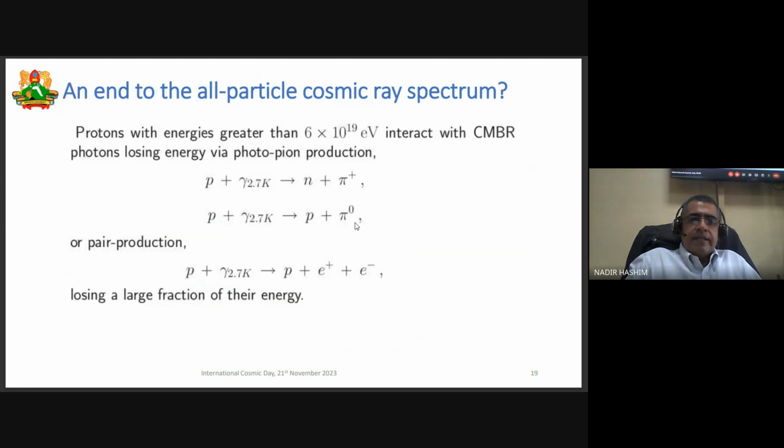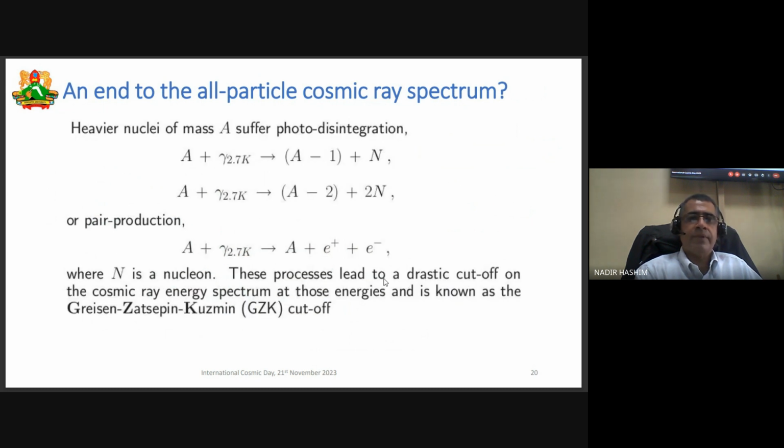For the GZK effect, consider, for example, protons interacting with photons of the cosmic microwave background radiation. They would undergo energy losses via photopion production or pair production, thereby losing large fractions of energy. So in these processes, they lose a lot of energy.